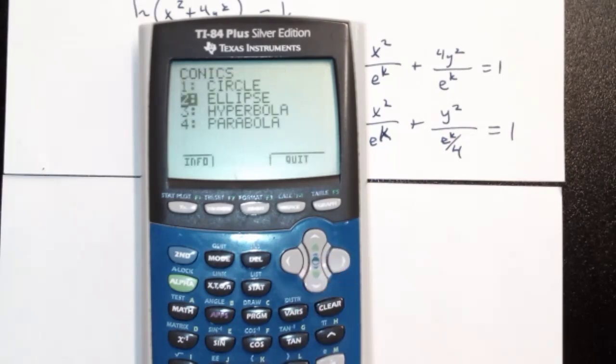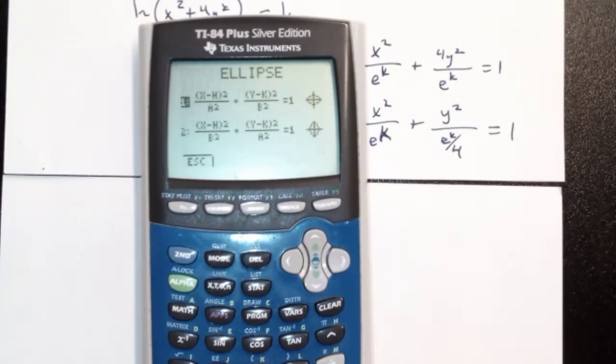I want ellipses. And I can give it a and b. So if you pick your k value, you'll know what those two numbers should be. So you'll be able to tell me what's a, what's b. h and k are both 0. You can draw the ellipse right here. And that's usually easier than trying to figure out the equation manually.